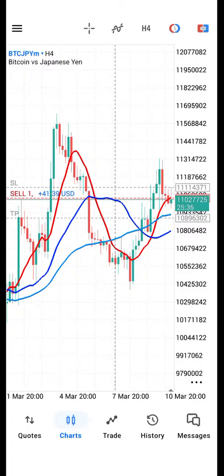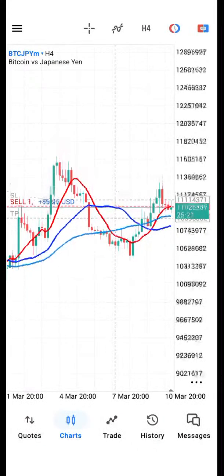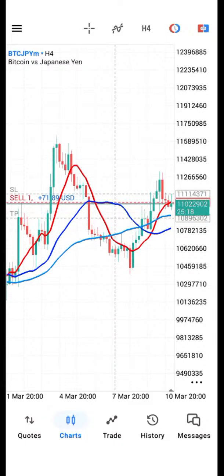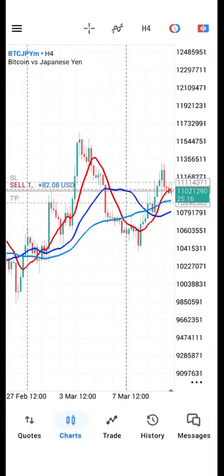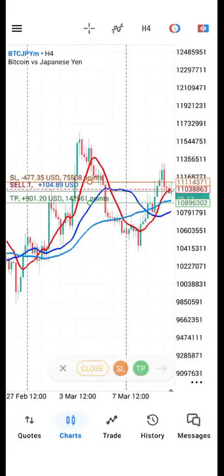This one is mad. So I devised another means of catching these trades. That is where my 50 EMA is sitting.